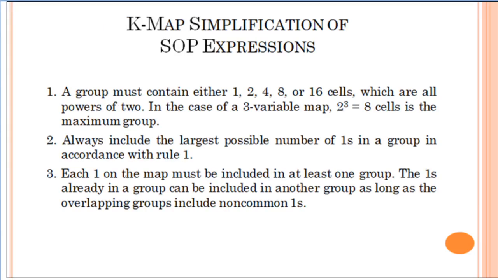Here is how we simplify the K map in a sum form or in min terms. First rule, a group must contain either 1, 2, 4, 8 or 16 cells, which are all powers of 2, as we discussed in our slides. Always include the largest possible number of ones in a group in accordance with rule 1. Each one of the map must be included in at least one group.